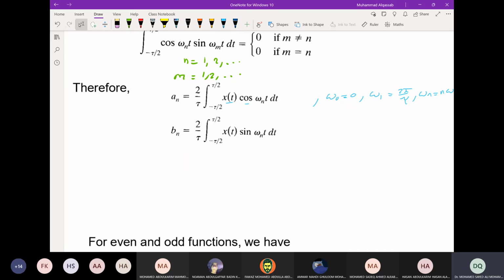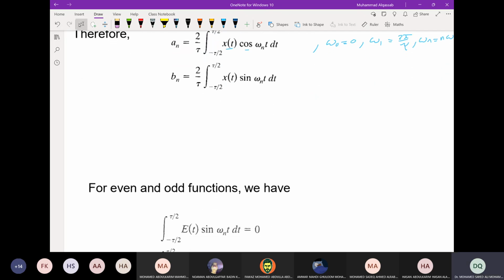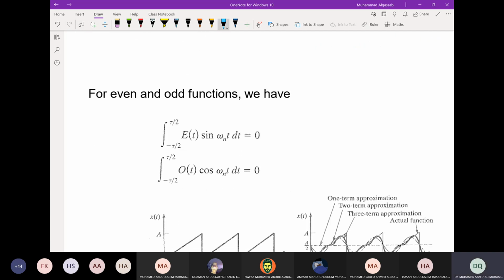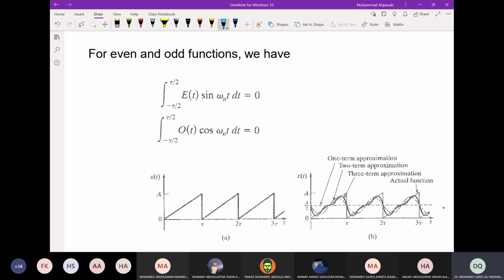You don't have to evaluate the integrals if you know that the function x is even or odd. So for even and odd functions, we can simplify the integration. What is the meaning of even?